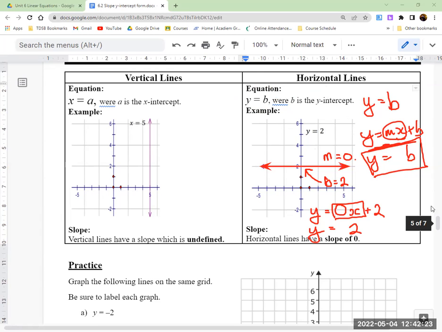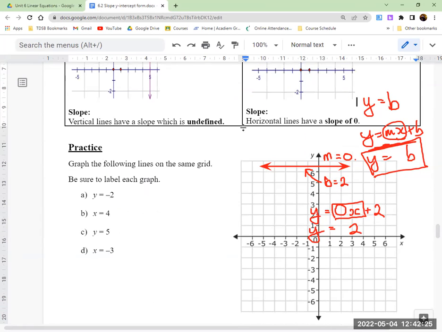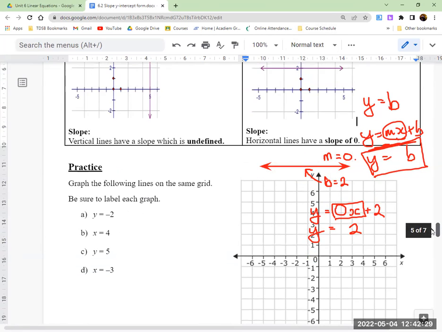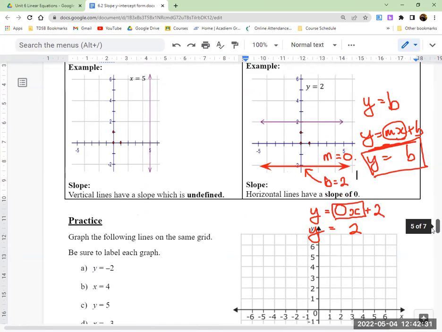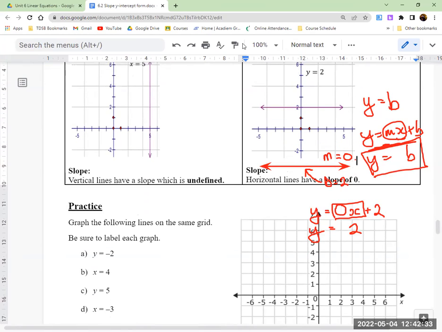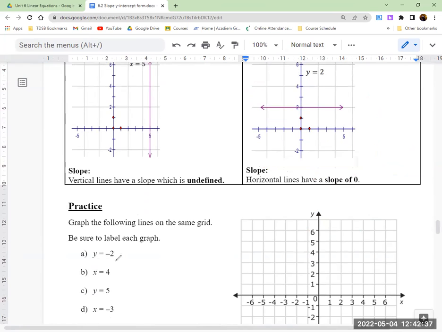So for example, let's do it here. Please look at letter A and letter C. What do you notice? Y equals -2. What does that mean? Stephanie, you with me?